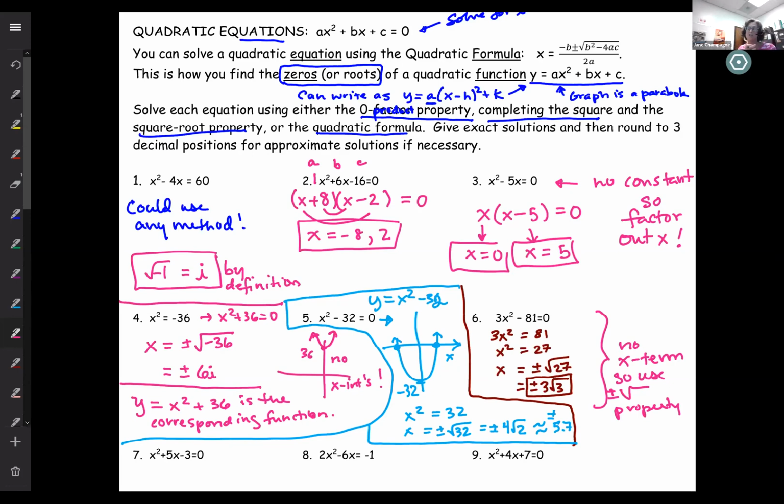The corresponding function is just having a y equal to it instead of 0 equal to it. And when y is 0, you're on the x-axis. All along the x-axis, y is 0. All right.